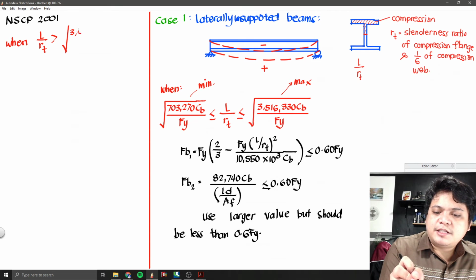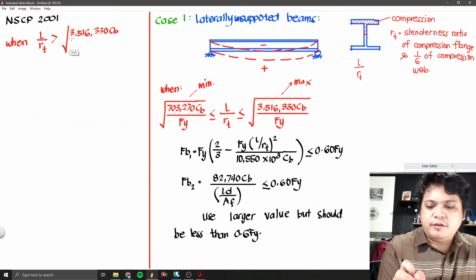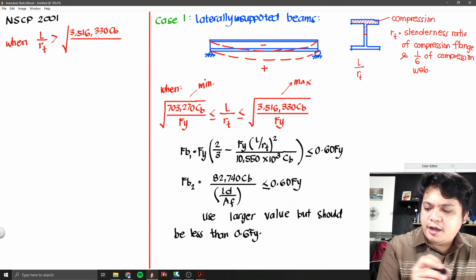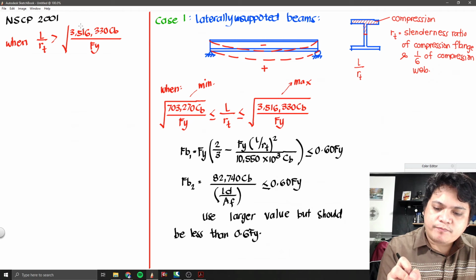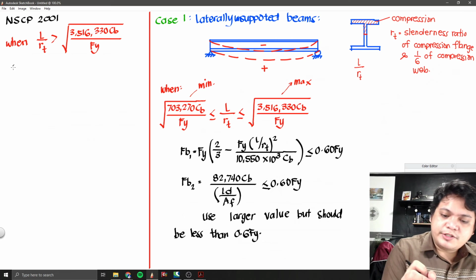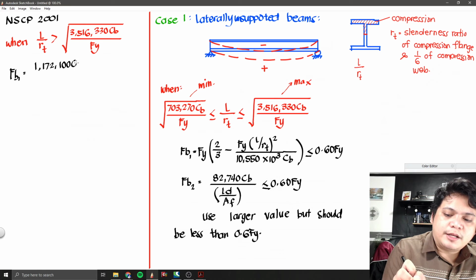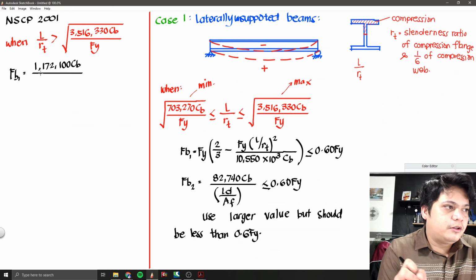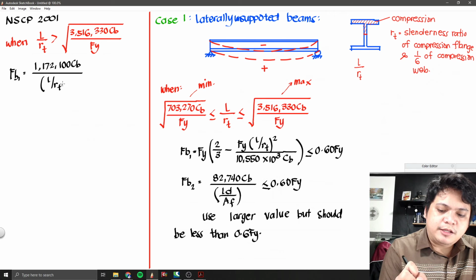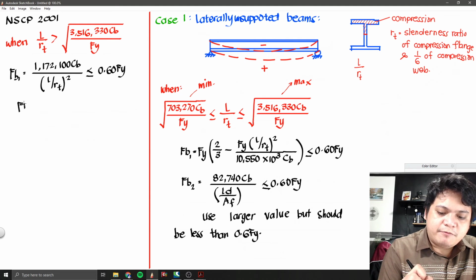When it exceeds the maximum slenderness ratio, we will use this FB1 equals 1,172,100 CB over L over RT squared. And again, it should be less than or equal to 0.6 of Fy, and then FB2 is still the same.